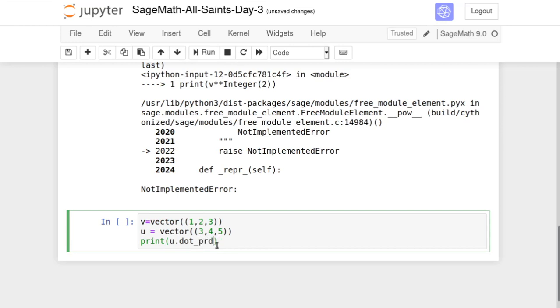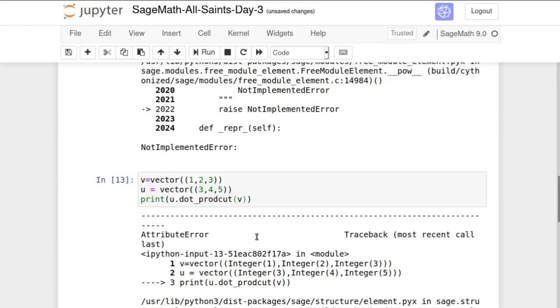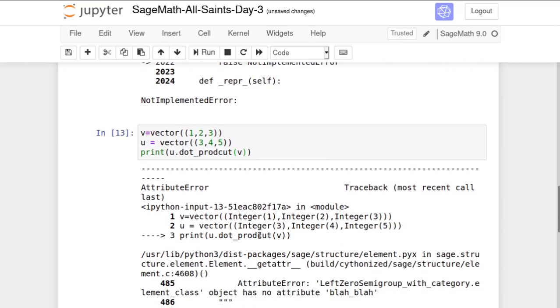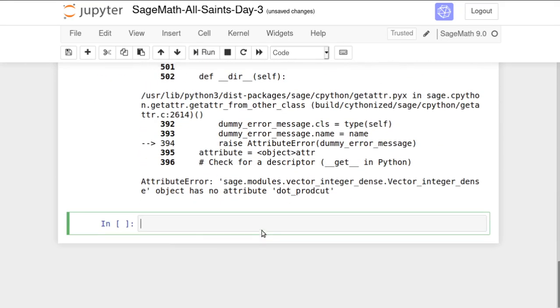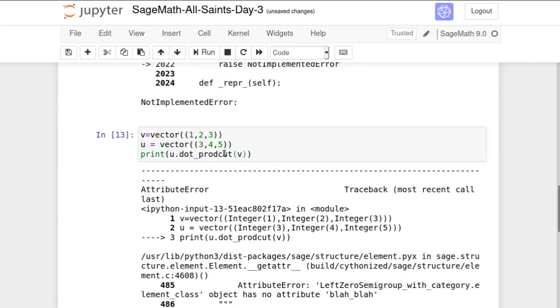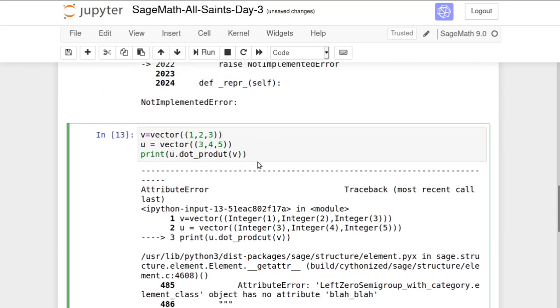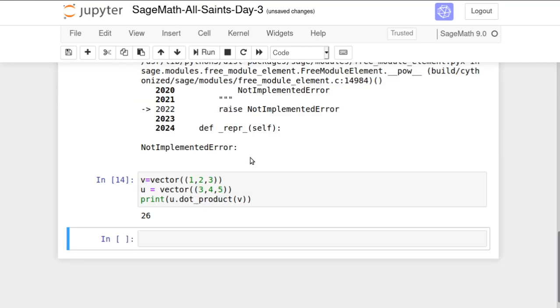Oh, okay, so dot product V, and if I ask Sage to print U dot product V, which means U dot V. Okay, why is it happening like this? The spelling of product is wrong. PRODU. Okay, thank you. That's correct. So the spelling is of course really important. Dot product U dot product V.